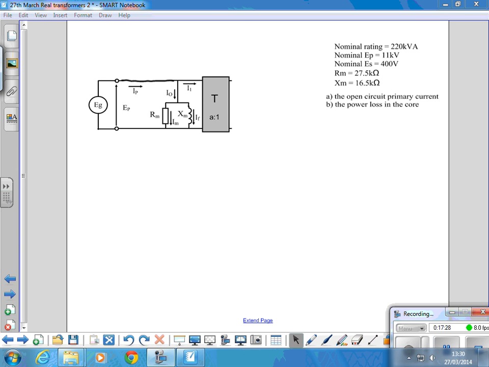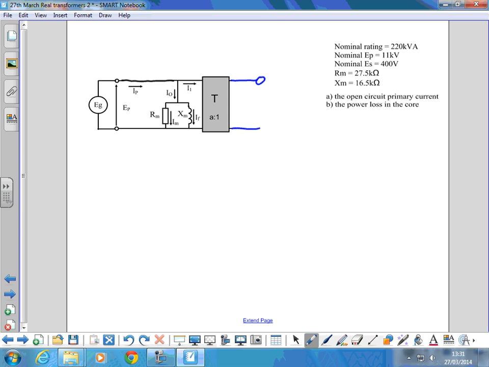We've been able to take out the series resistor and inductance for the leakage and winding resistance, and we can take away everything on the secondary side because we're talking about it being open circuit and therefore no secondary current is flowing.